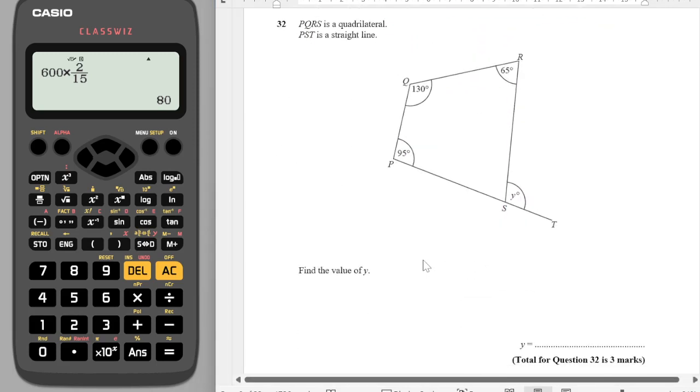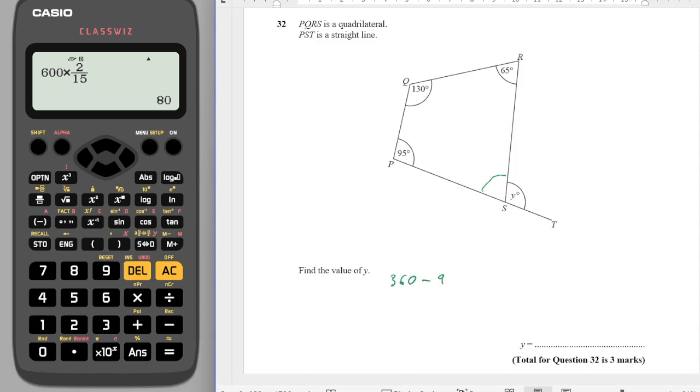Right, question 32. So we've got quadrilateral PST is a straight line. Find the value of y. Okay, so I'm going to find this value first of all. So I'm going to do 360 minus 95 minus 130 minus 65.